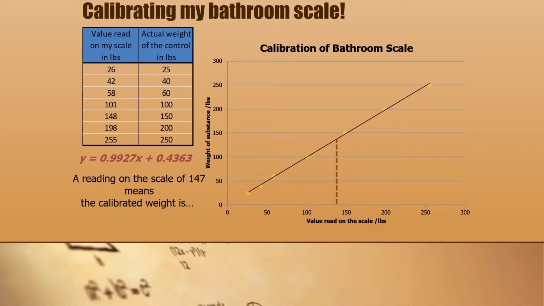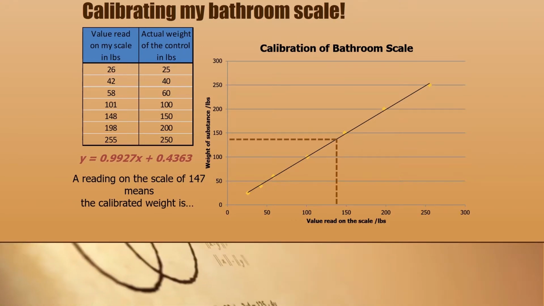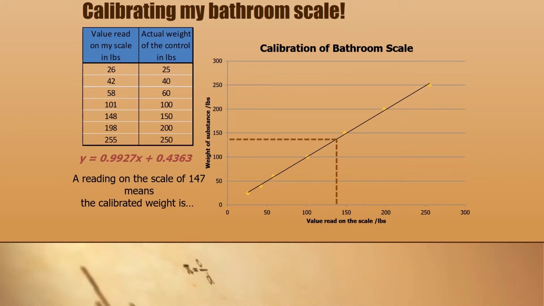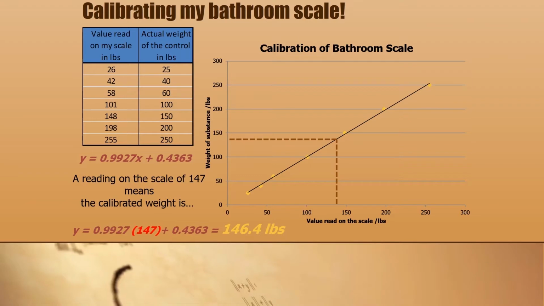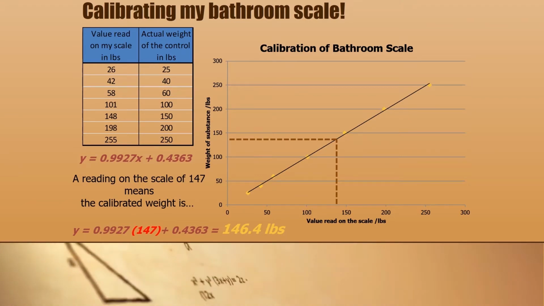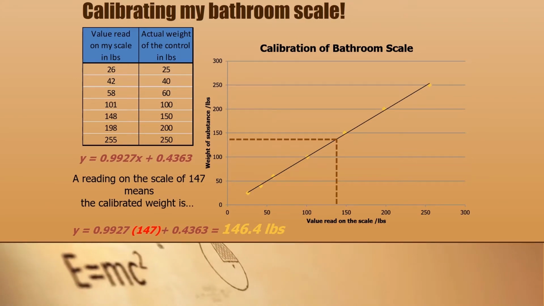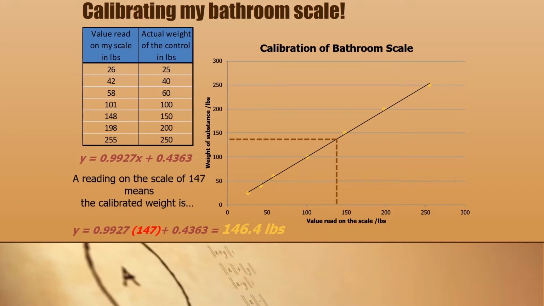correlate this measurement using our graph, marking the measured value on the x-axis and then reading off the actual weight on the y-axis. Alternatively, we could simply put the measured value of 147 into the linear equation as the x variable, do the math, and find the actual weight by calculating the y variable.